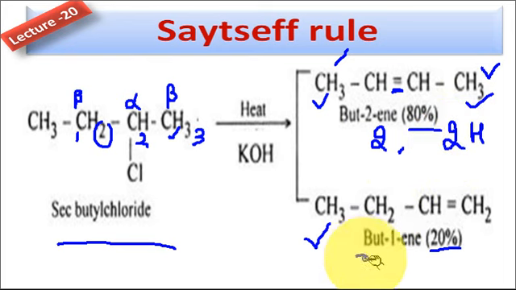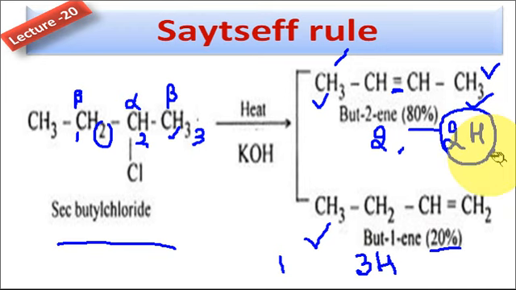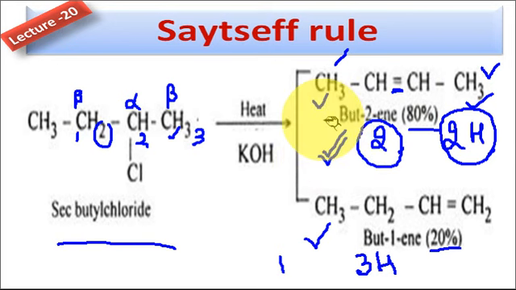While in this one, the alkyl group present is only 1 while hydrogen present is 3. So comparing these, fewer hydrogens are present and more substituent groups are present in 2-butene. So according to the Saytzeff rule, this is the major, preferred product in this reaction, 2-butene. Now the question comes, why are these kinds of alkenes more stable?